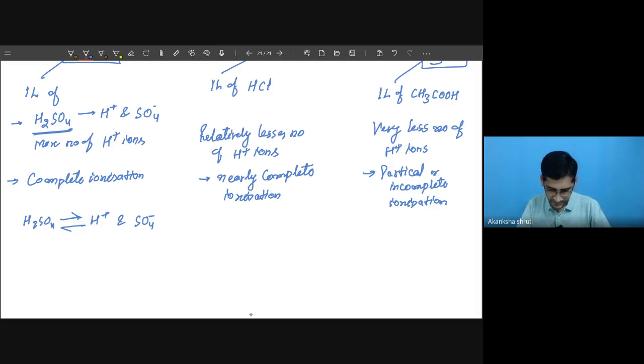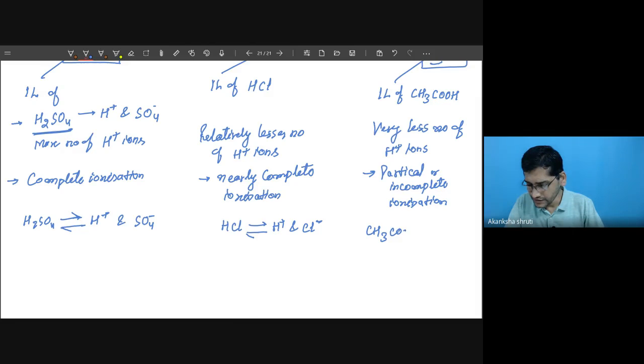In this case again the same thing: it can produce H plus and Cl minus, and they can combine back. But if I consider the last one, CH3COOH, this can give you H plus, this H being removed, and CH3COO minus. This is the ionization.